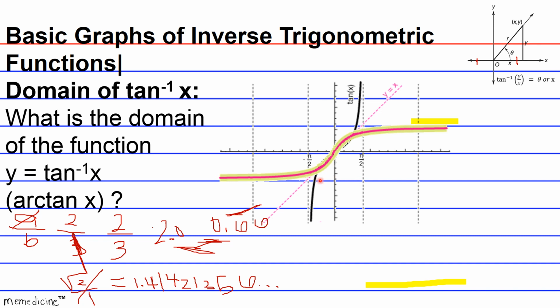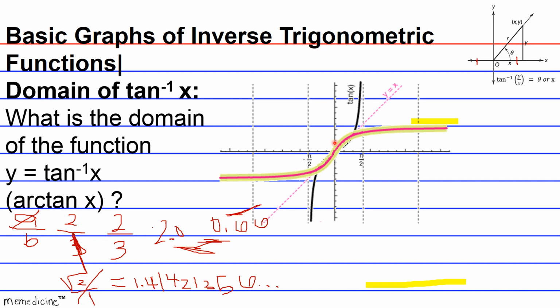And the range is from negative pi over 2 to pi over 2, exclusive, meaning that it's going to continue forever in the negative infinity direction and positive infinity direction, never touching pi over 2 or never touching negative pi over 2, okay? Which you can also call negative 90 degrees and positive 90 degrees.